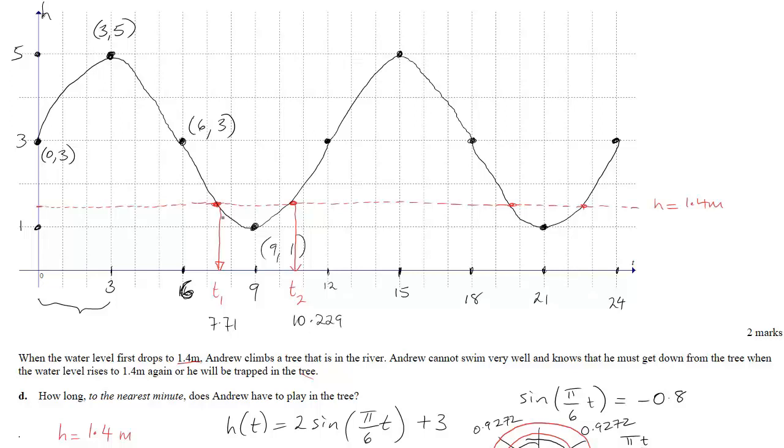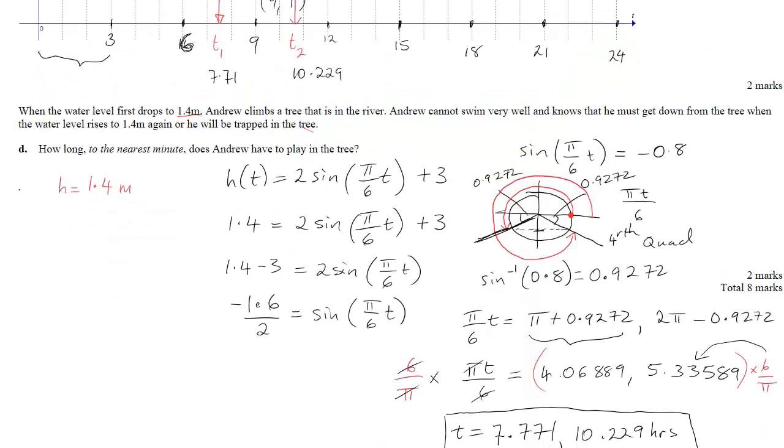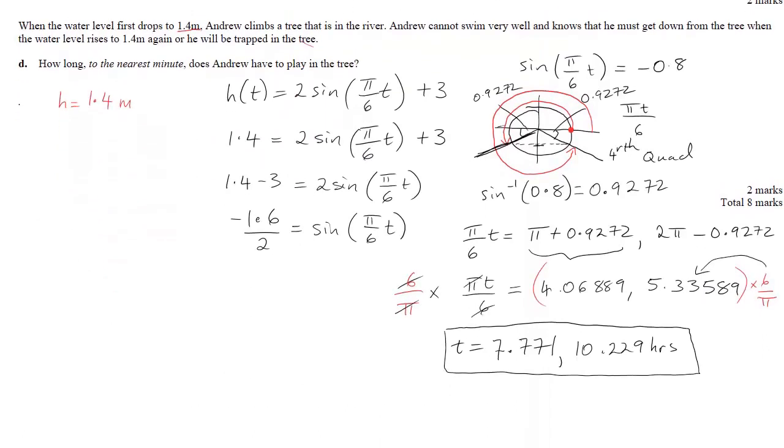Okay, so this is the amount of time that Andrew can actually spend on the tree, because that's where the river is below 1.4 meters. So be very careful with what the question wants you to find. The question wants you to find how long, to the nearest minute, does Andrew have to play in the tree.